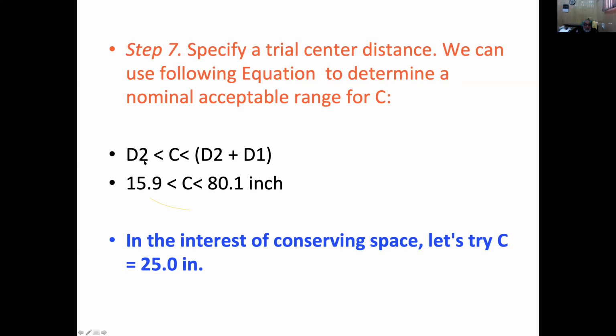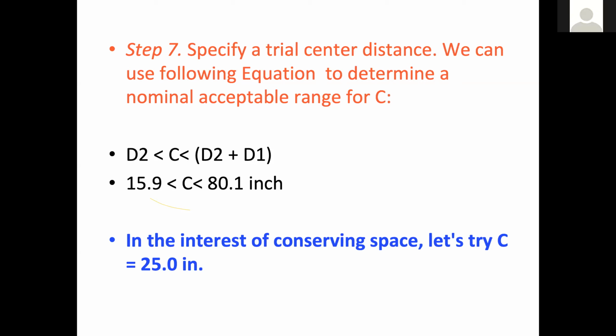If I substitute the values of D2 and D1, your central distance becomes in the range 15.9 < C < 18.1 inches. So in the interest of conserving space, let us try C equal to 25 inches.